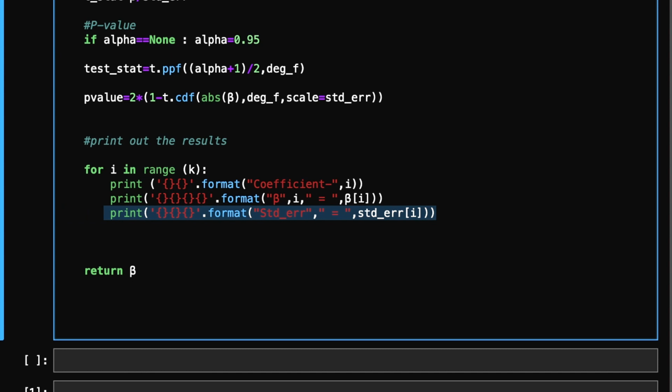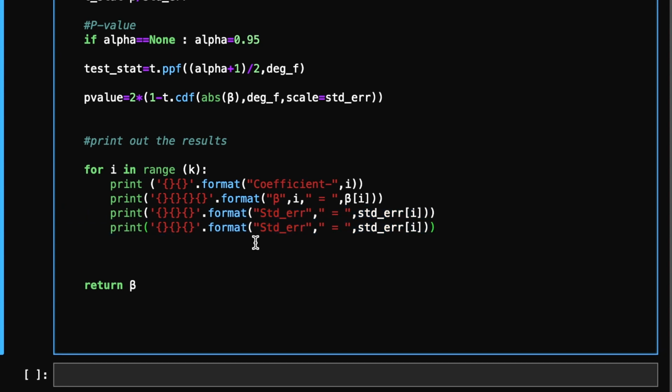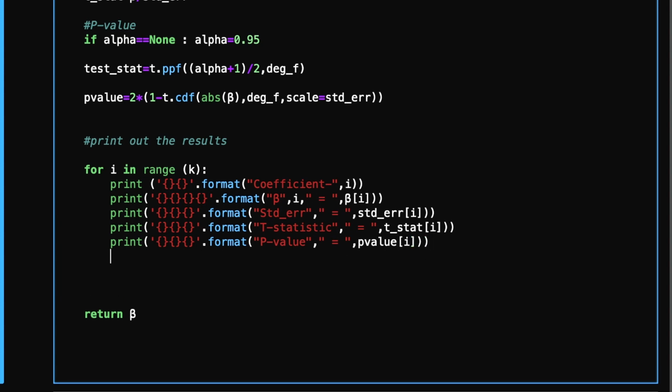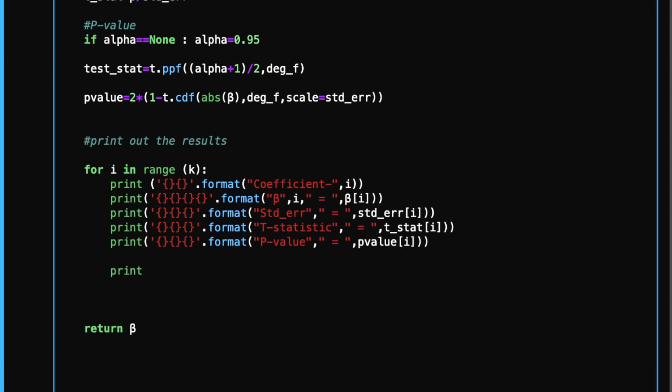I'm going to copy this. Now let's print out the t statistic. And now let's print out the p-value. And let's give a separator.